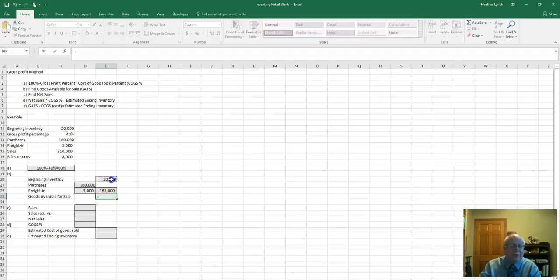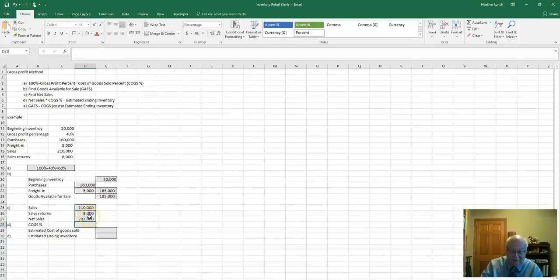So goods available for sale is the 20 plus the 165. If you have purchase returns, of course, you'd subtract them off. Okay. Then we have sales of 210. We have sales returns of 8, which we do subtract off, minus the 8,000 gives us 202.